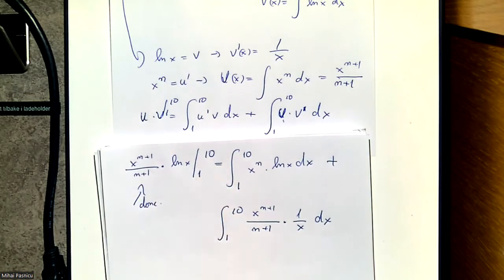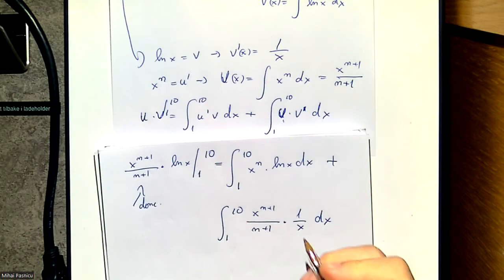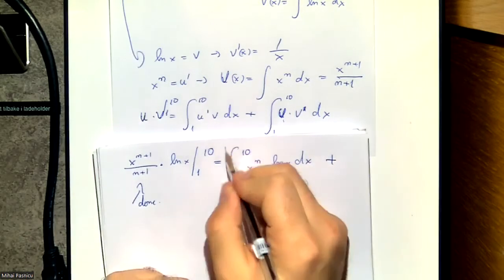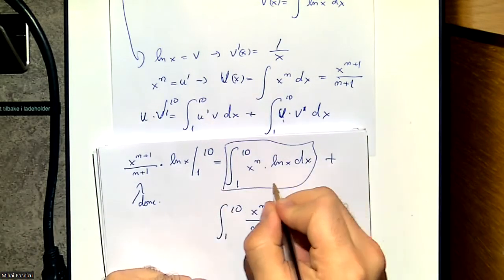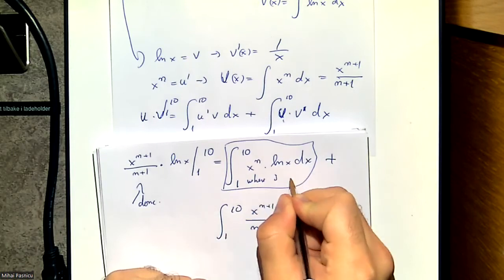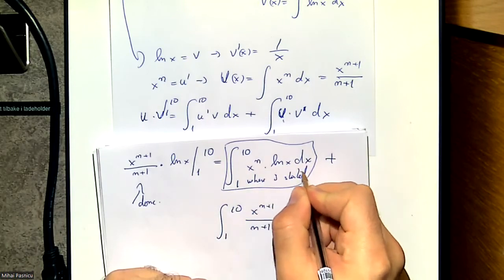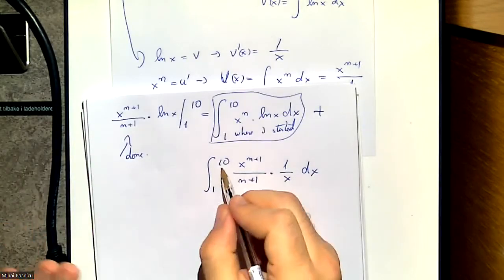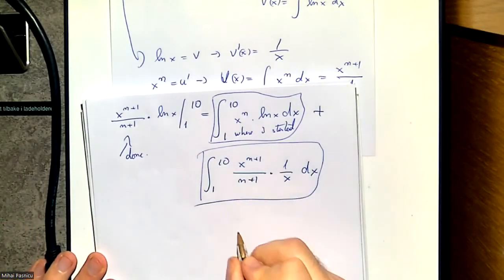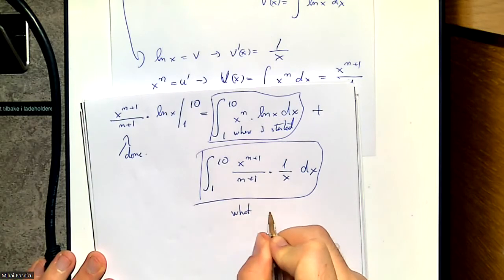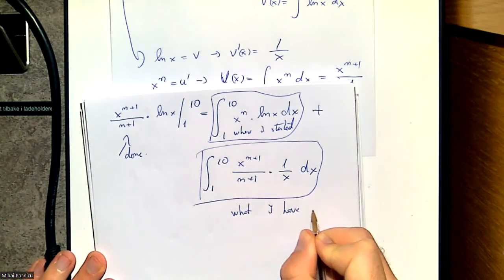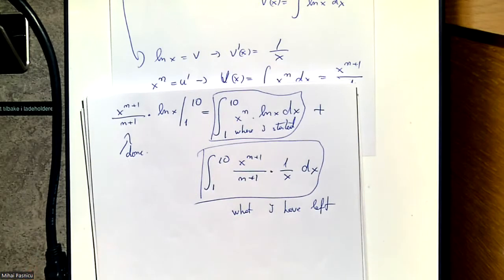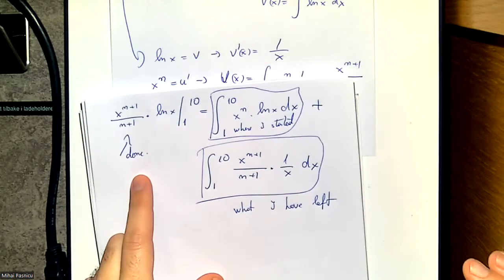There's nothing I need to do here, outside of just plugging in the numbers. This is where I started, and this is what I have left. So when doing integration by parts, it's good to have a clear structure in your head. This is done.